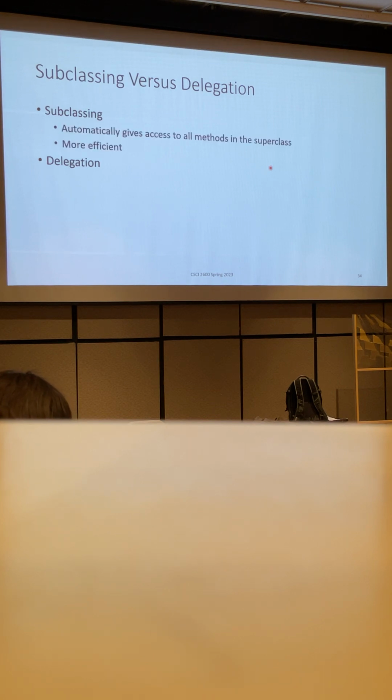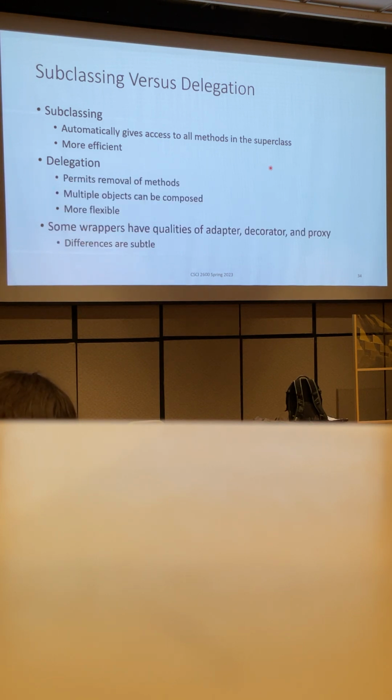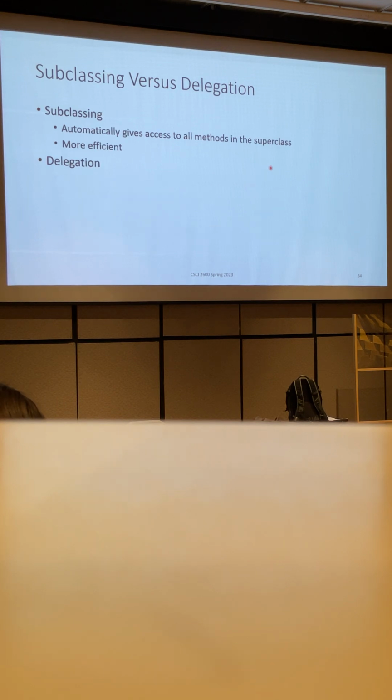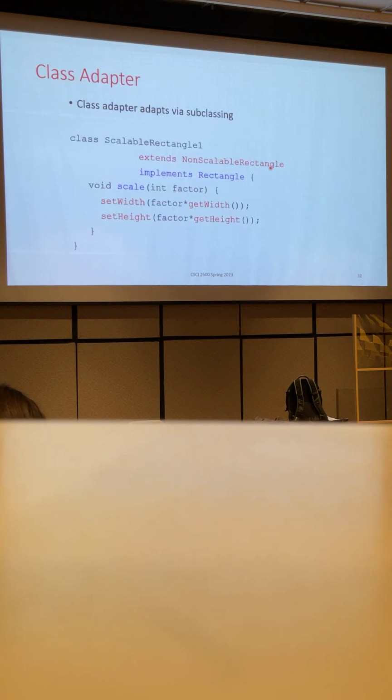Subclassing obviously has the convenience that it automatically gives us access to all methods in the superclass, so it can be more efficient. Delegation is in some sense more flexible because it permits removal of methods. Well, not the literal removal, but no one forces you to expose the methods that you do not want. Here, ScalableRectangle1 would have all methods of NonScalableRectangle plus the scale method.